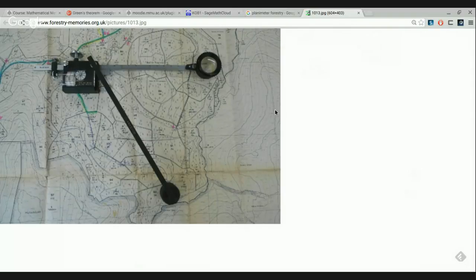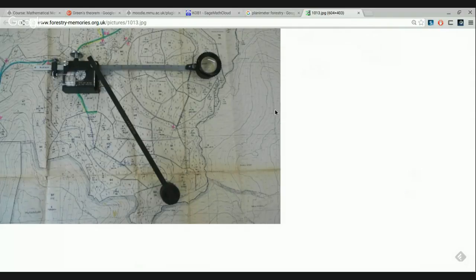And then in the readout here, you can see there's various scales and dials in the place where those two arms come together. And as you move the thing around, the dials on the device move. And what it's registering is the area that you've enclosed inside the closed curve that you've drawn around the page on the map. Okay?